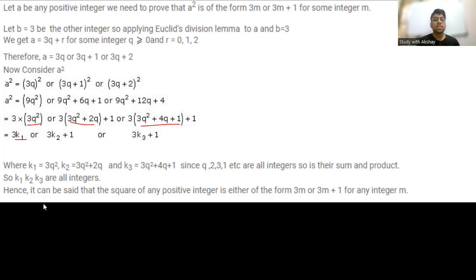So henceforth it is said that the square of a positive integer is either of the form 3m or 3m plus 1 for an integer m. For an integer m, 3m or 3m plus 1 is a positive integer. Copy it down, children. Next question, you will be solving it on your own.